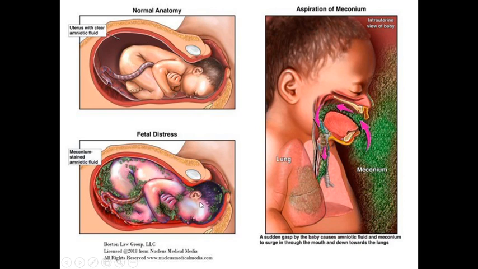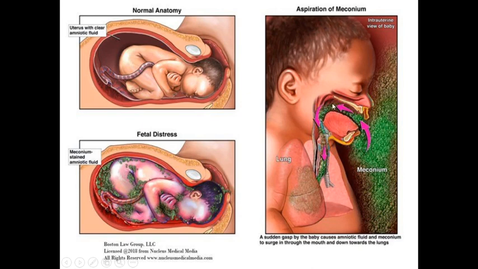But when the baby is in distress, which is when the baby does not get a proper oxygen supply from the mother through the placenta, the baby's anal sphincters relax, and as a result the baby will pass meconium, or stools, into the amniotic fluid. These stools in the amniotic fluid can enter through the baby's mouth and nose.